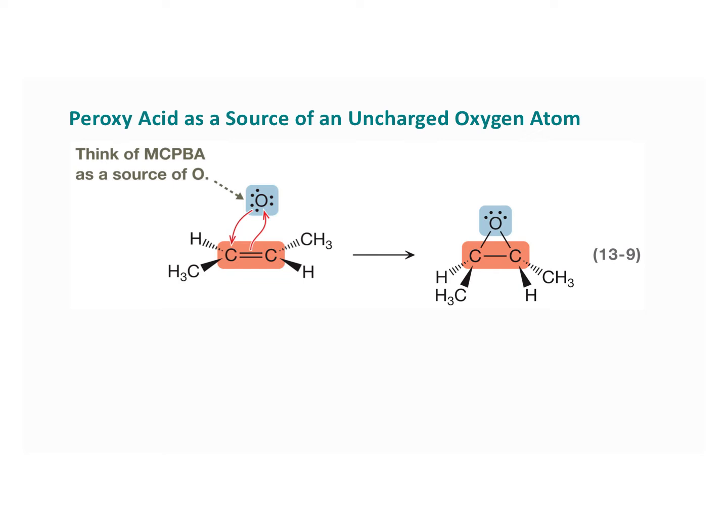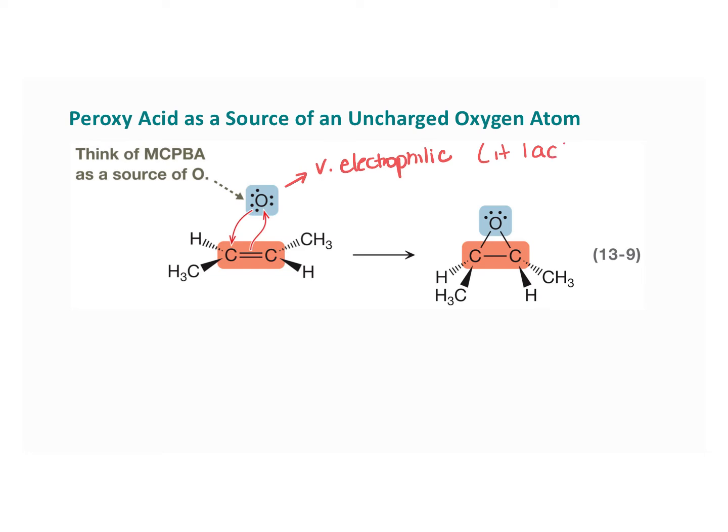So knowing that the peroxy acid donates an oxygen atom to the alkene, we think of the peroxy acid as a source of an uncharged oxygen atom. And with that simplified picture, this oxygen here is very electrophilic, right?